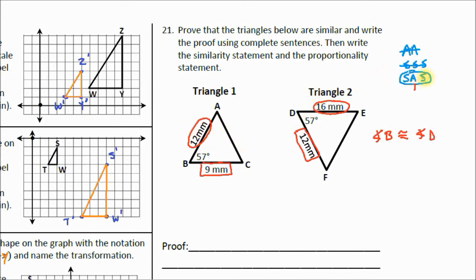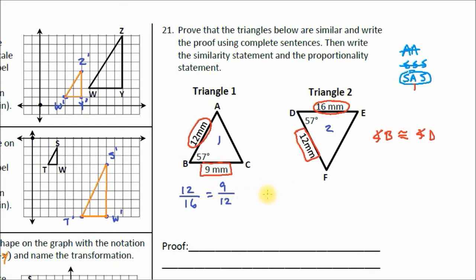When you do side, angle, side, the cool part is you just set up a proportion and see if it's true. So circle 12 over circle, which is 16. Remember, we started with this triangle and ended with this one. 12 came from triangle 1, 16 from triangle 2. We have to go back to triangle 1 and pick up the 9, and then go to triangle 2 and write the 12.